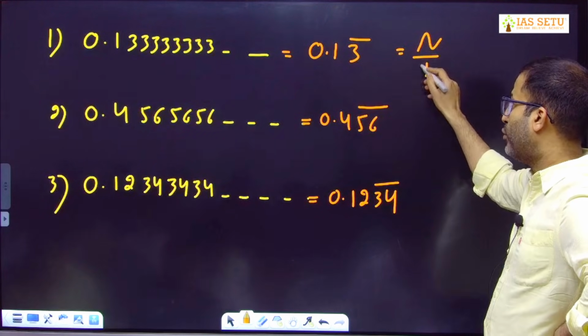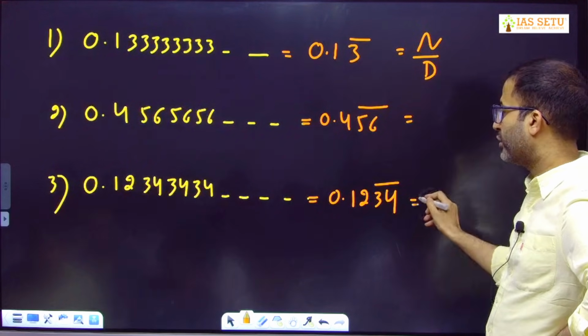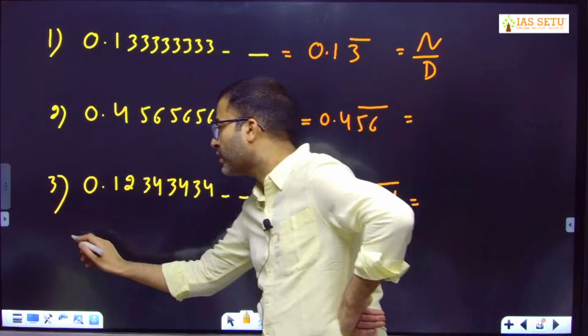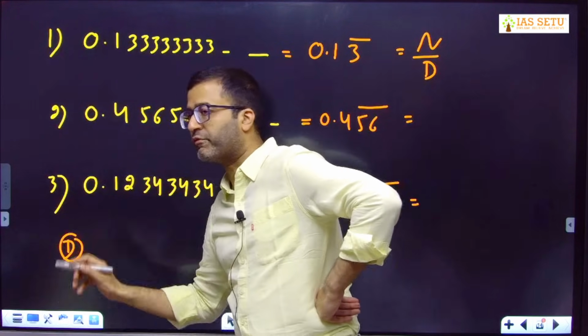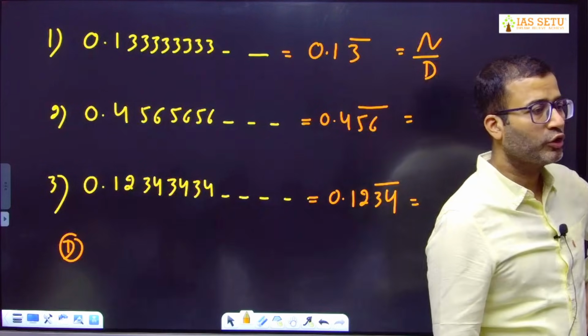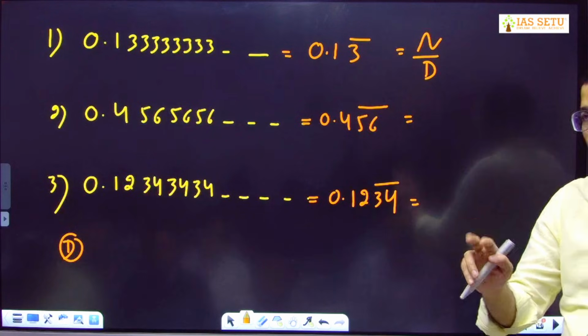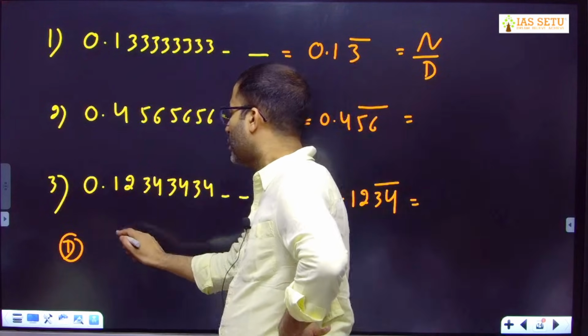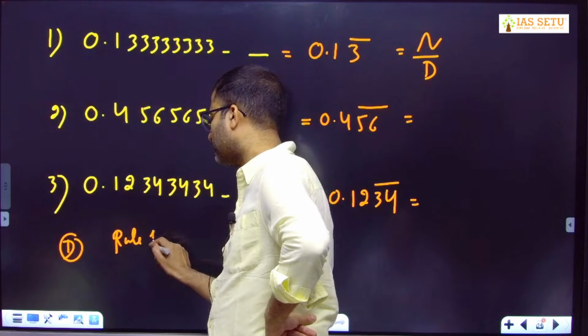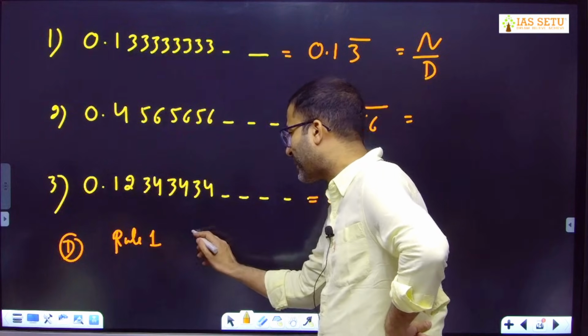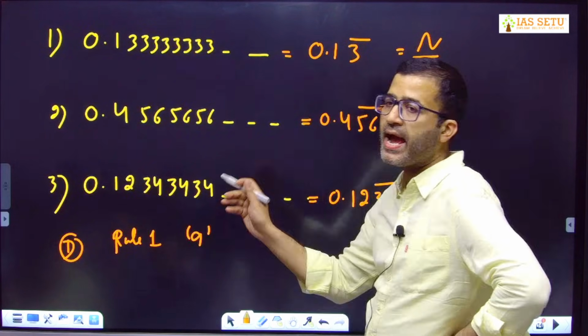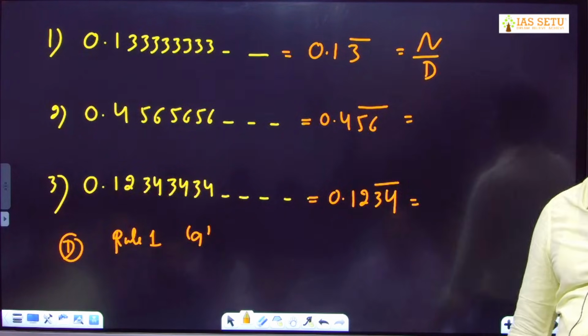Numerator upon denominator, numerator upon denominator, numerator upon denominator. Let me tell you about denominator first. For this denominator we have 2 rules. One you already know. Rule number 1: as many 9 as many digit under the bar.